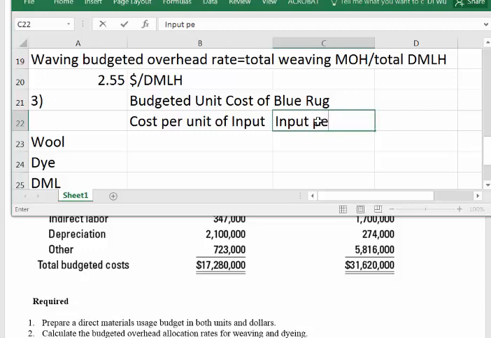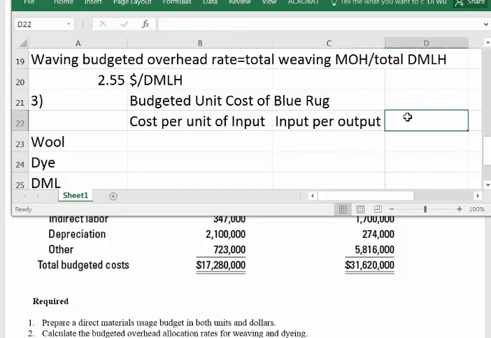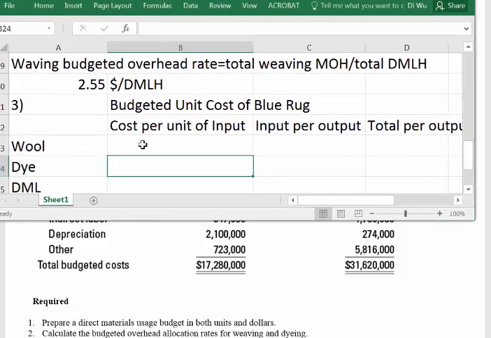You can use input per output. So typically output means the product, input means basically the materials, resources. Then you have total per output. Okay. So that's what we have right here.